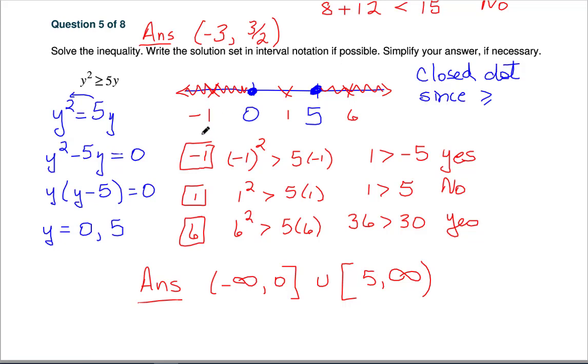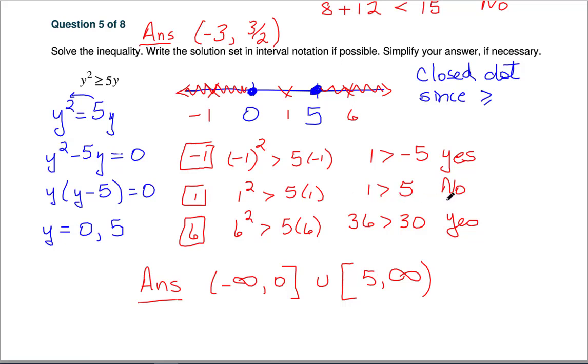And so now I pick some test values: -1, 1, and 6. -1 squared is 1. Is that bigger than -5? Yes. So everything off to the left forever gets shaded. Try the 1. Is 1 bigger than 5?